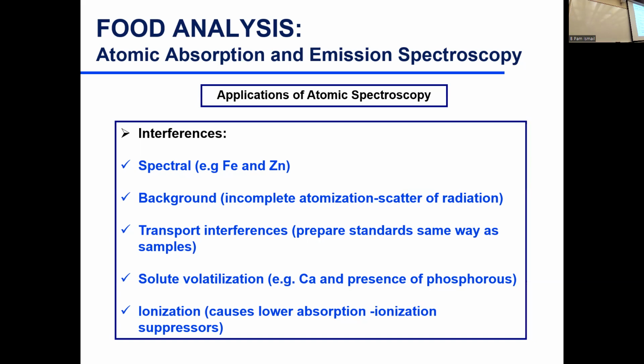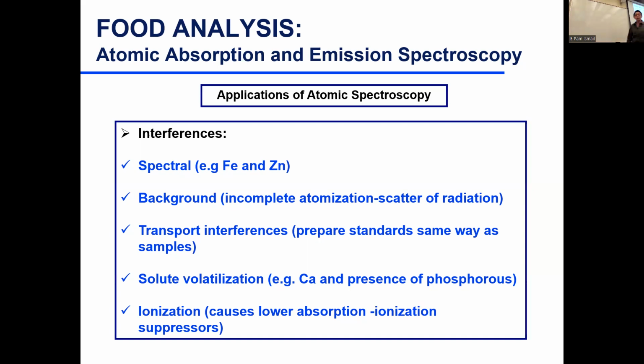Instead of calcium forming large clusters of calcium phosphate, the lanthanum is going to displace calcium and react with phosphorus, releasing calcium and solubilizing it so that it can be volatilized. If we don't use lanthanum chloride, you're going to get underestimation of calcium.